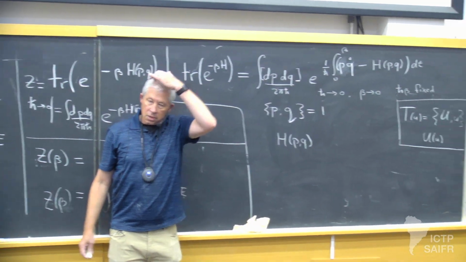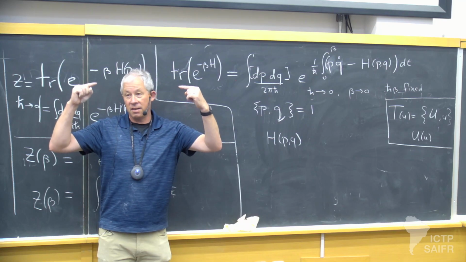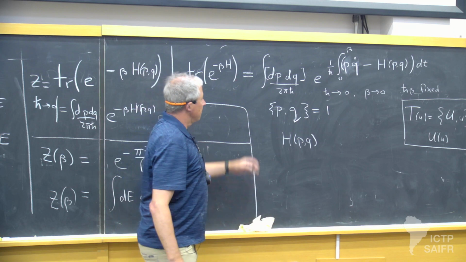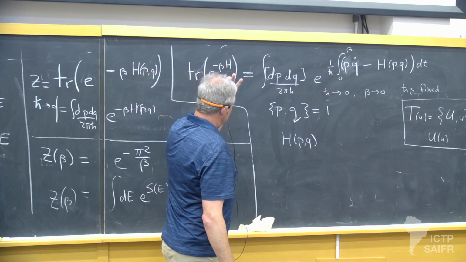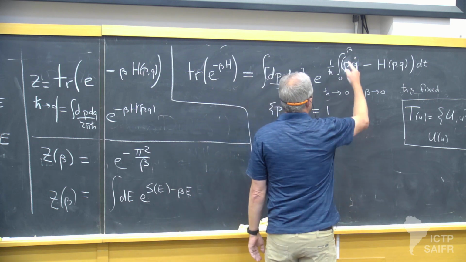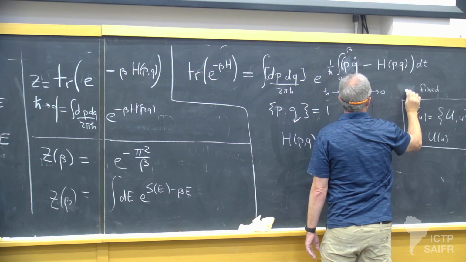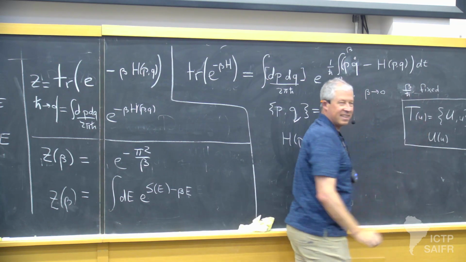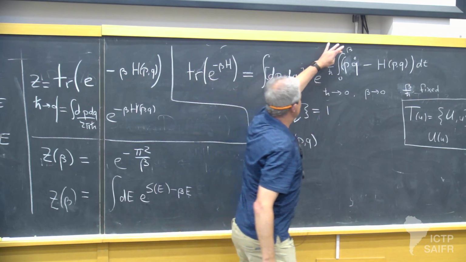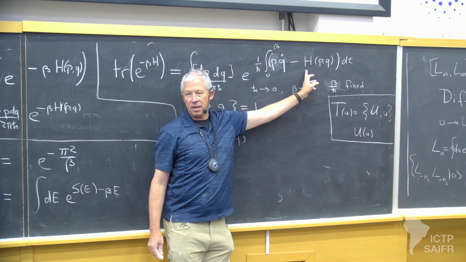So beta to 0 is taking the infinite temperature limit. Then, beta over h bar is fixed, that makes more sense. So this beta times that 1 over h bar still gives me a coefficient in front of h.